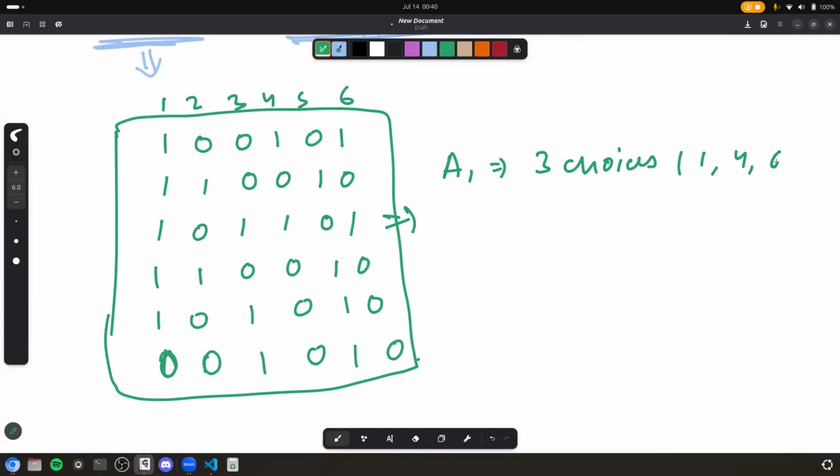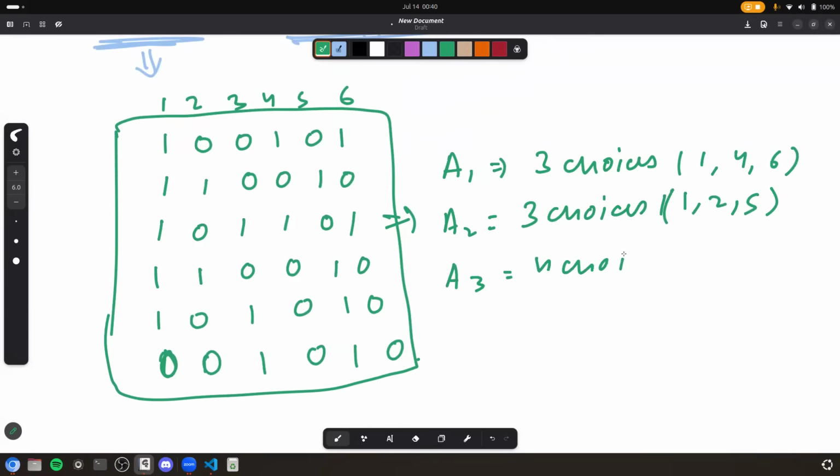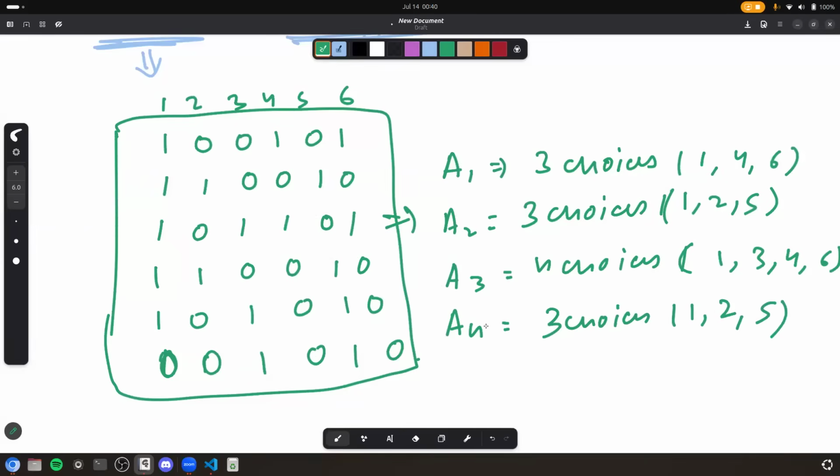1, 4, 6. A2 would have three choices again. 1, 2, 5. A3 then has four choices. 1, 3, 4, 6. A4 then has three choices, 1, 2, 5.